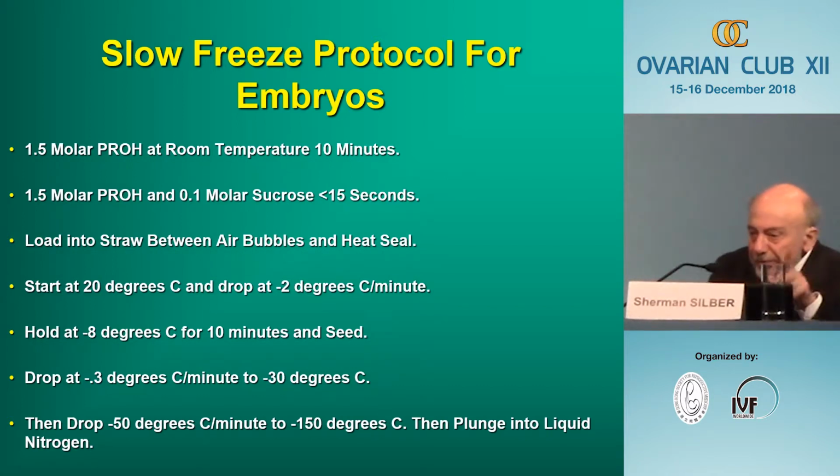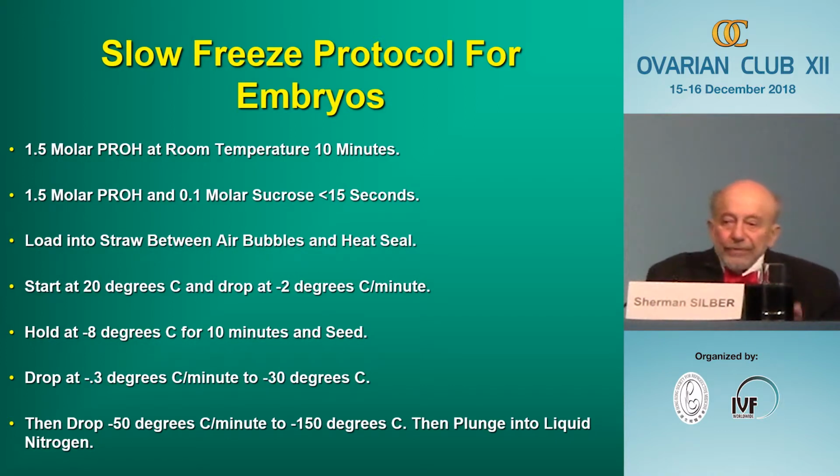But before I go into the rest of the talk, which I may have to quit because of time, I want to make it clear that I agree totally with Klaus that for ovarian tissue freezing, slow freeze works just great. And the only reason we use vitrification, which I'll talk about in a little bit, is because it seems to me to be a little bit easier, and many IVF labs don't even have slow freezing machines anymore.